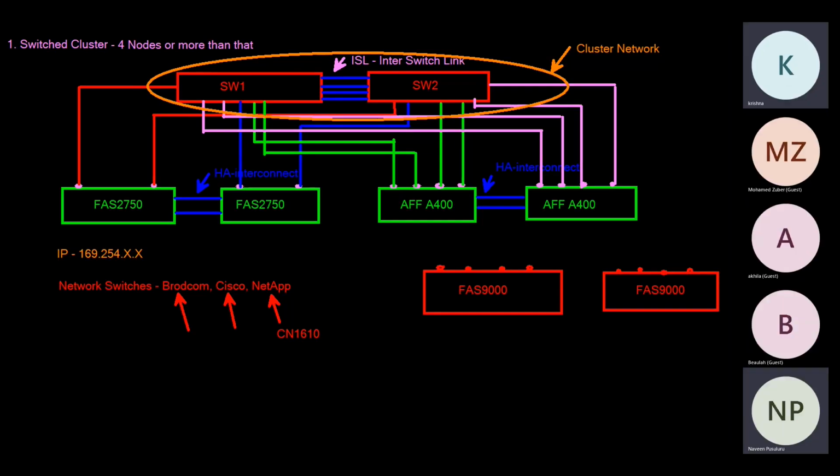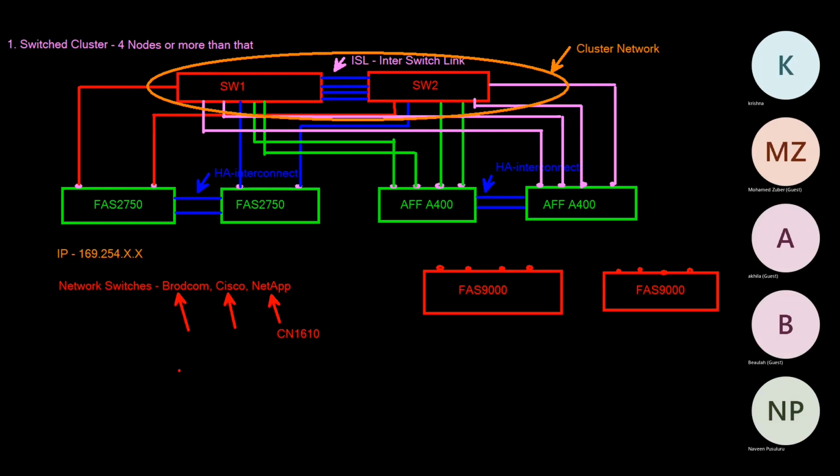Again, I need to connect 2 to switch 1, 2 to switch 2, like that. You keep on adding like this. But you cannot use it for any other cluster or any other purpose. This switch has to be dedicated only for this cluster.